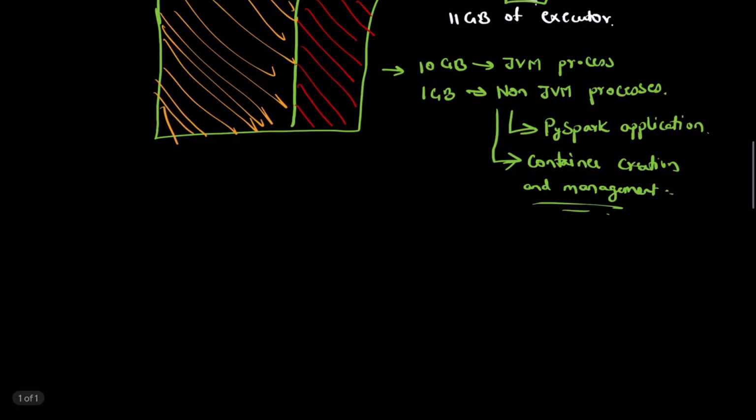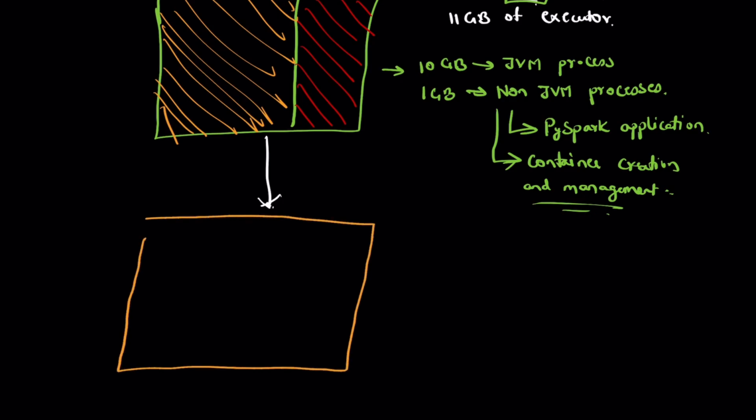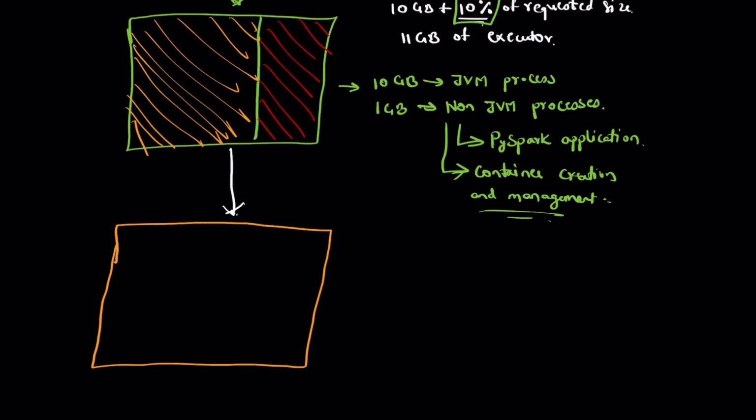Now let's zoom in more on JVM processes. I've drawn out the orange one, which is basically 10 GB in size. In JVM processes, we have three types of memories.